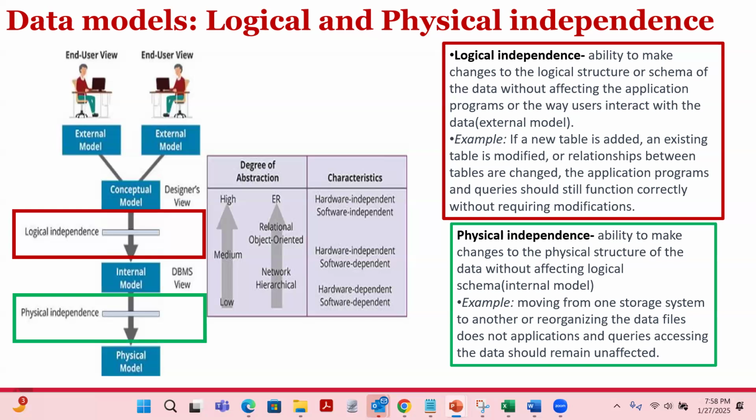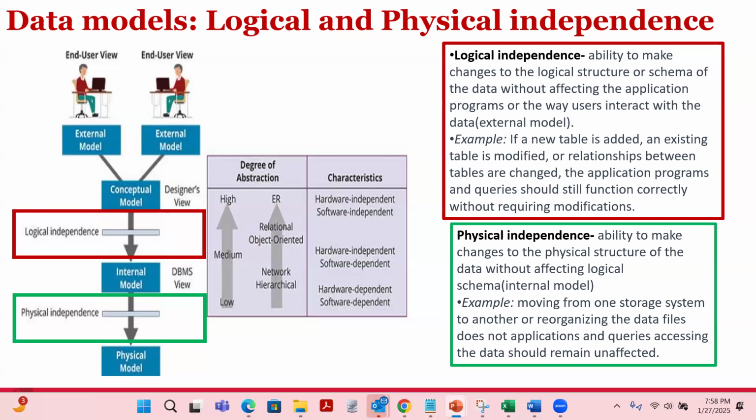Okay. Physical independence is a concept that allows us to make changes to the physical structure without affecting the logical schema or internal model. Physical independence is much harder to achieve than logical because database systems in the current market are designed for specific data storage requirements.